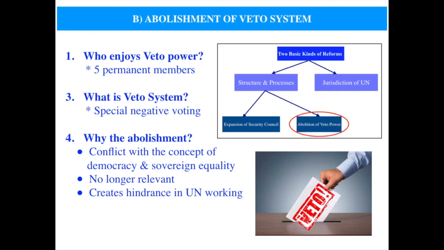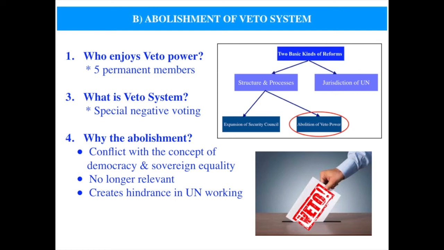Moreover, they also feel that the veto power of the permanent members creates a hindrance in the working of the United Nations, because a negative vote of the permanent members always dissolves a resolution. Okay, so therefore it in a way creates a hindrance in the United Nations working. Okay, so because of these reasons, they say that this veto system should be abolished.